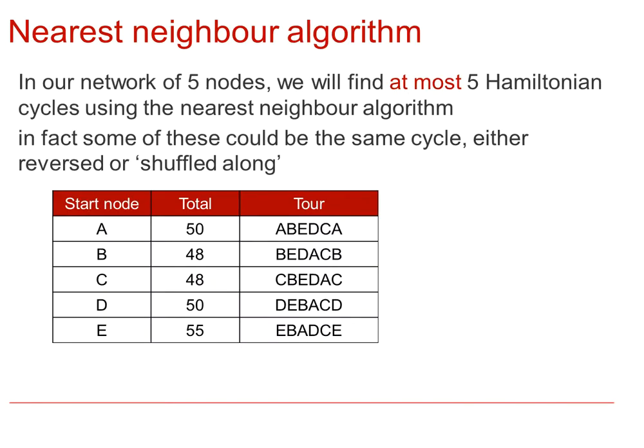So in our network of 5 nodes, we will find at most 5 Hamiltonian cycles using the nearest neighbour algorithm. We've already seen that some of these could be the same cycle, either reversed or in effect shuffled along.